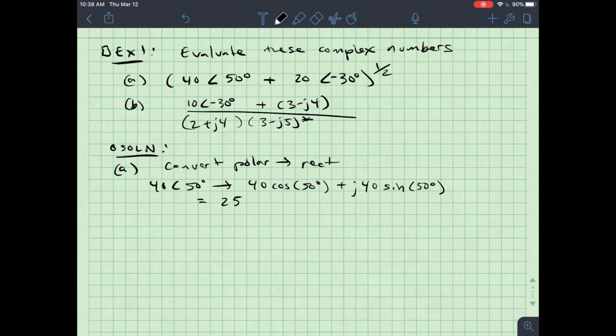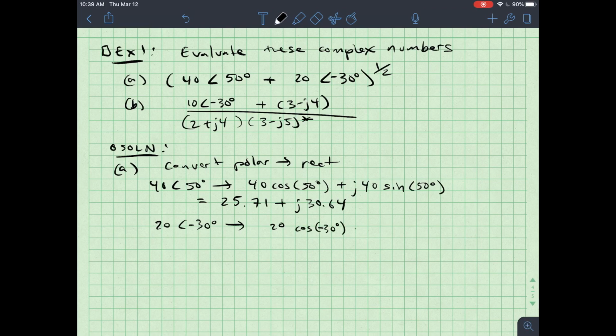My ability to write and talk at the same time is woefully bad. 25.71 plus j30.64. Similarly, for 20 angle negative 30 degrees, that's found by taking 20 times the cosine of negative 30 degrees plus j times 20 times the sine of negative 30 degrees.